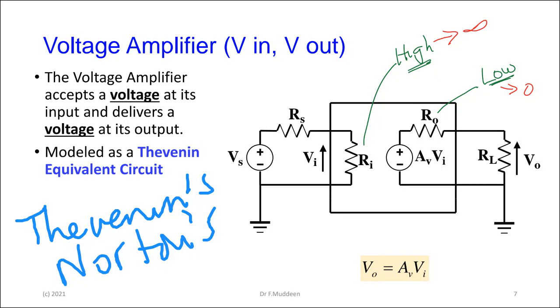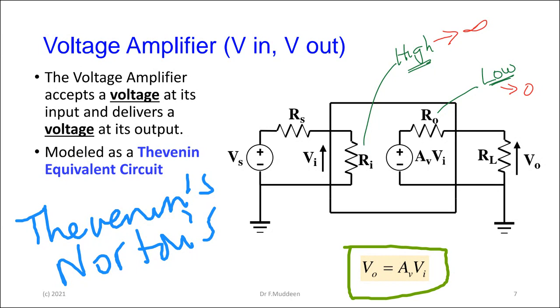So the voltage amplifier, which is one of the common ones that we've dealt with all over the place, accepts a voltage at the input and delivers another voltage at the output. And there's a gain to it, which is AV, the relationship between V out and V in.